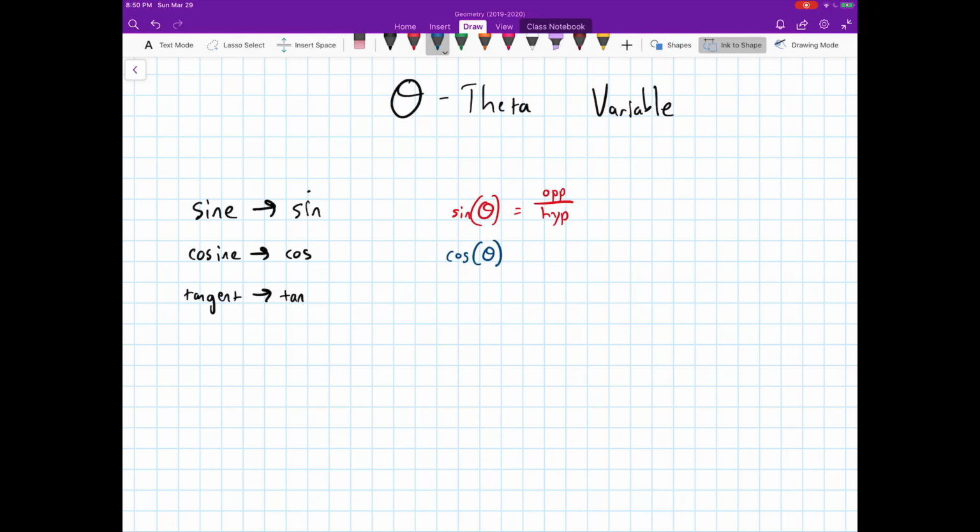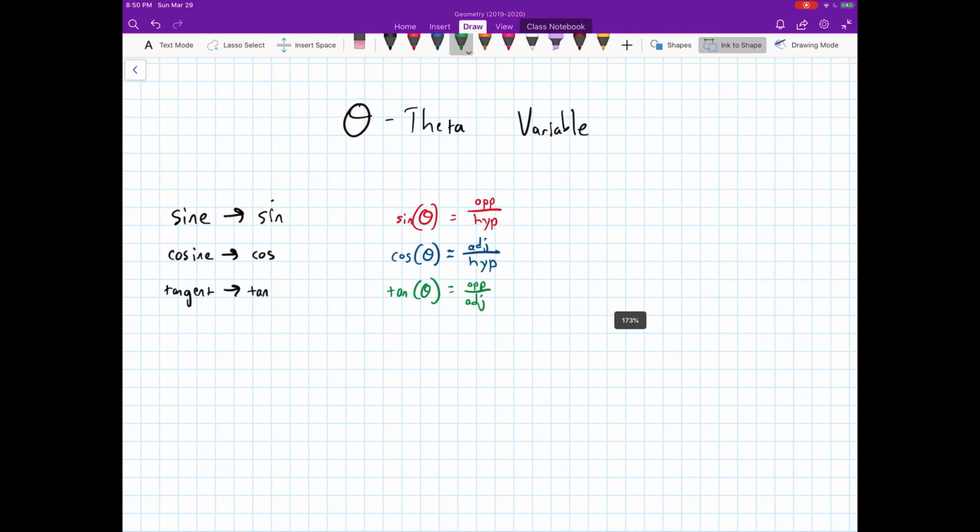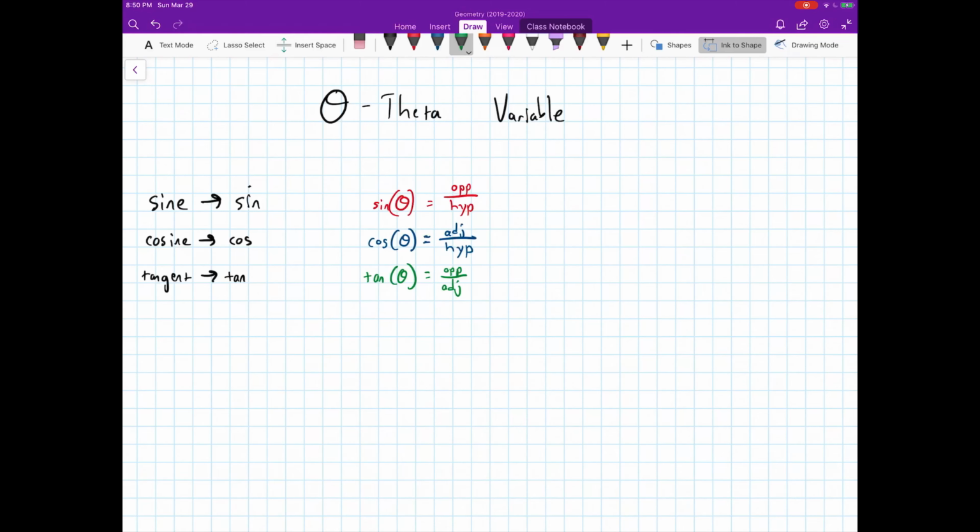Cosine of theta is going to be equal to the length of the adjacent side over the hypotenuse, and tangent of theta is going to be equal to the opposite side over the adjacent side. And I'll draw that out here in a moment with some examples.